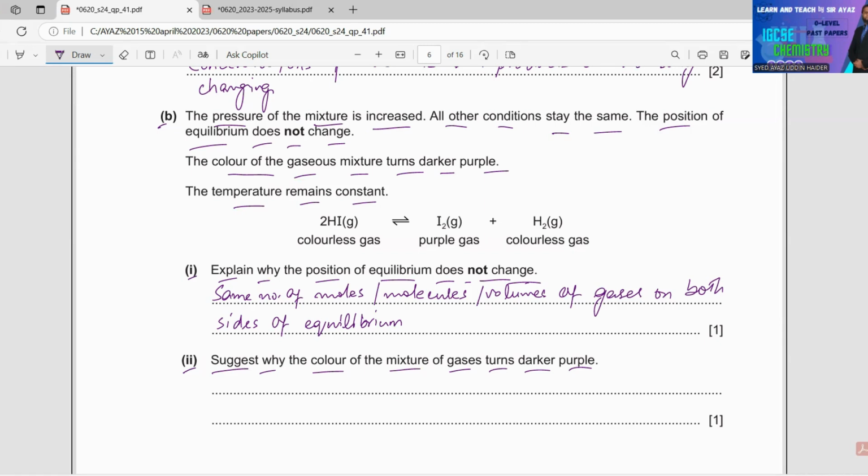So you can write the statement: increasing pressure decreases the volume of gases.